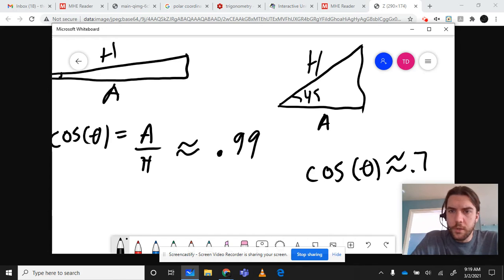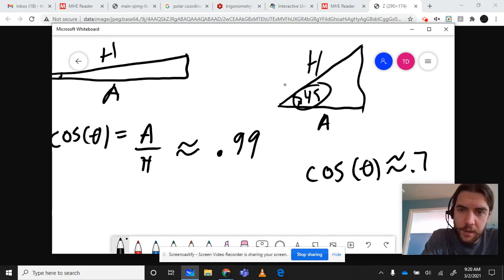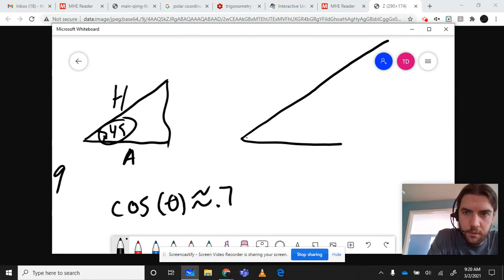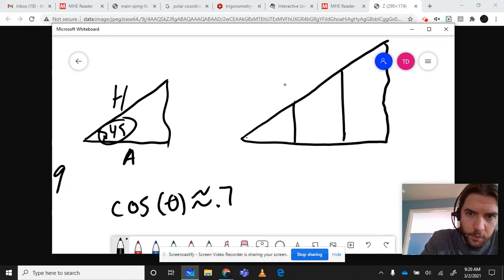Okay, so trigonometry started out as a way to connect our understanding of the expectations of how there's a connection between the angles and the side lengths of a triangle. So if I get a 45-degree angle, it does not matter how big that triangle is. I can have a large triangle, a smaller one, a smaller one.